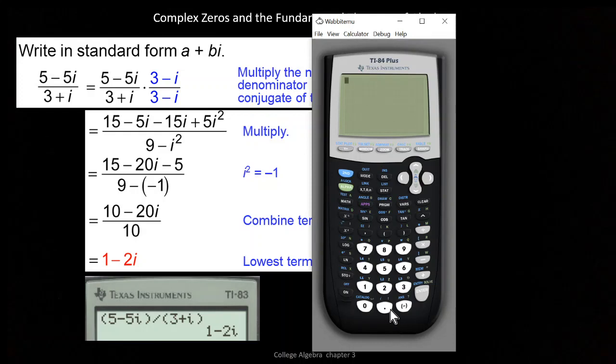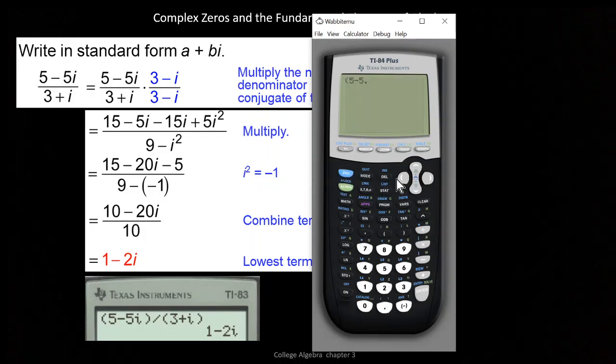So let's say we got 5 minus 5i. Where is the i? But there is an i somewhere. Well, it's right here actually.